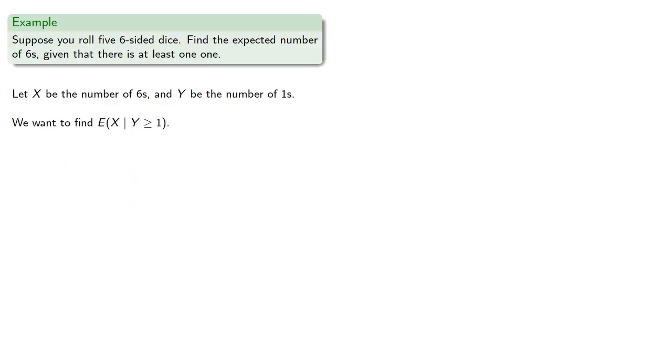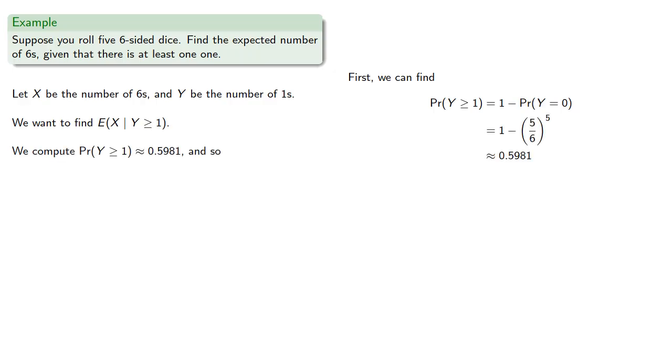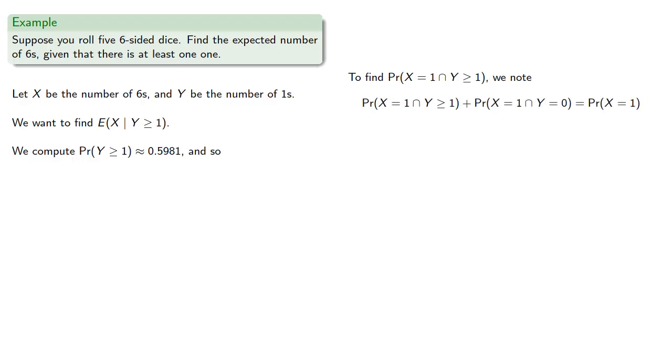So we can compute all of the conditional probabilities. So first we find the probability that y is greater than or equal to 1. Well, that's the complement to y equal to 0, and so that probability will be. To find the probability that x is equal to 1 and also y is greater than or equal to 1, we note that if we put this together with the complementary probability where y is equal to 0, what we get is just the probability x is equal to 1.